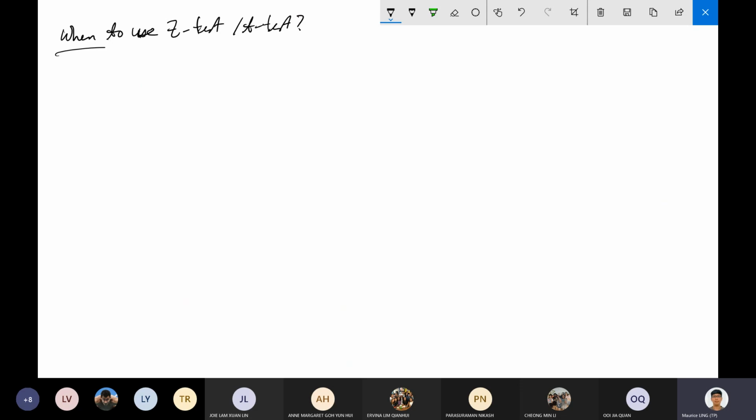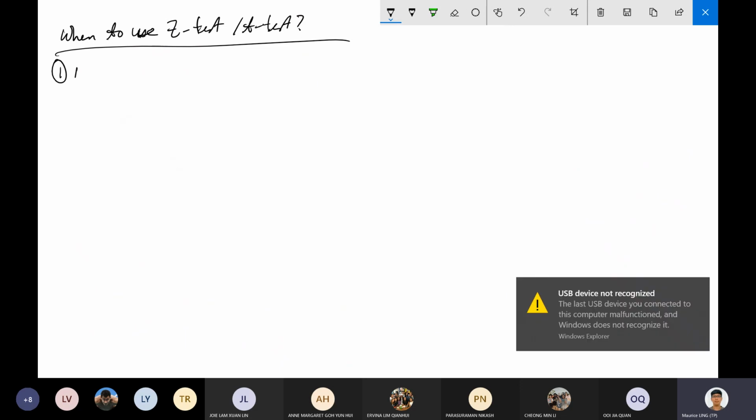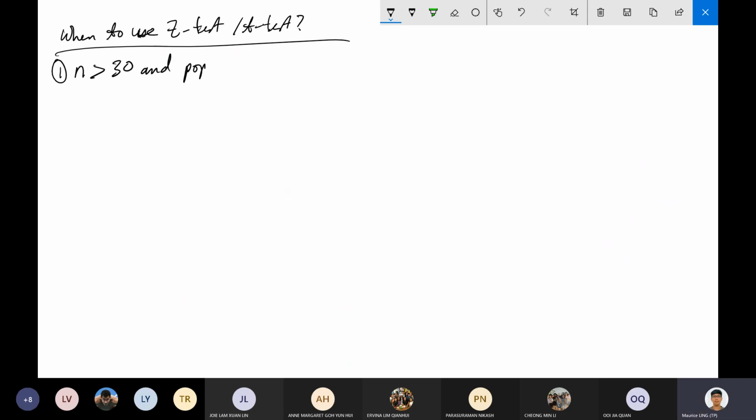Okay. Let us settle the non-confusing parts first. Number one, the one with no argument is if the sample size is more than 30 and the population variance, or standard deviation, is known.